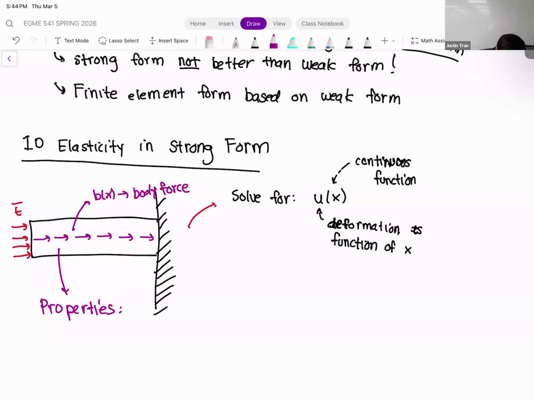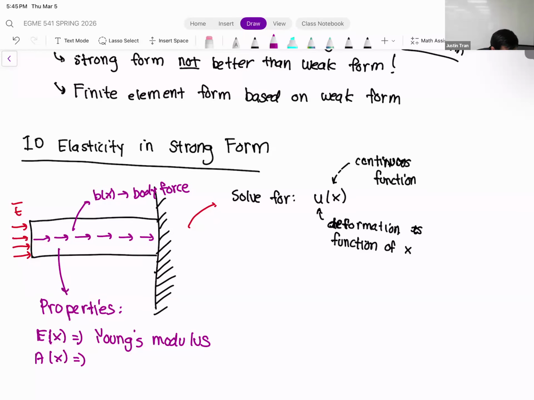First of all, we have the Young's modulus of the bar. E of x here, this is the Young's modulus, and we are assuming that it can actually change with distance here, so it is a function of x.